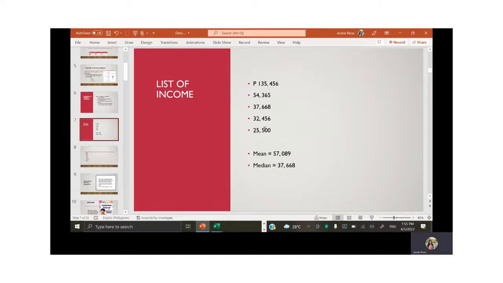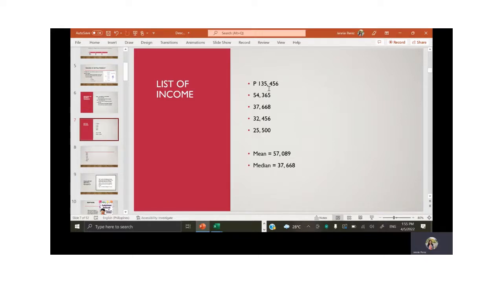And do you think the mean is more appropriate than using the median? Because the median would only report 37,668. Why is that? Because this data set has outliers, meaning to say extreme.